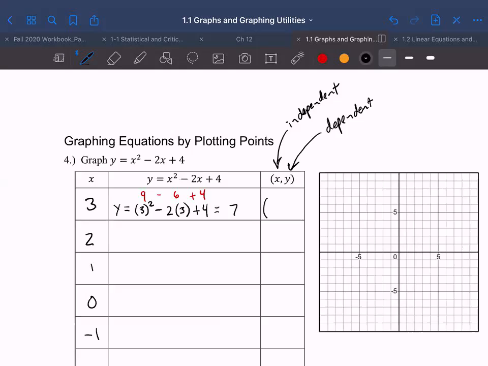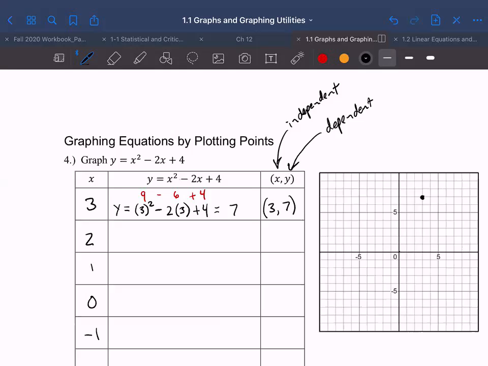So we end up with the ordered pair 3, 7. We can come over here to the graph and find the point 3, 7. That's 3 out in the x direction, and then up 7 in the y direction. And therefore, we put our point right there, and there's the first point of our graph.